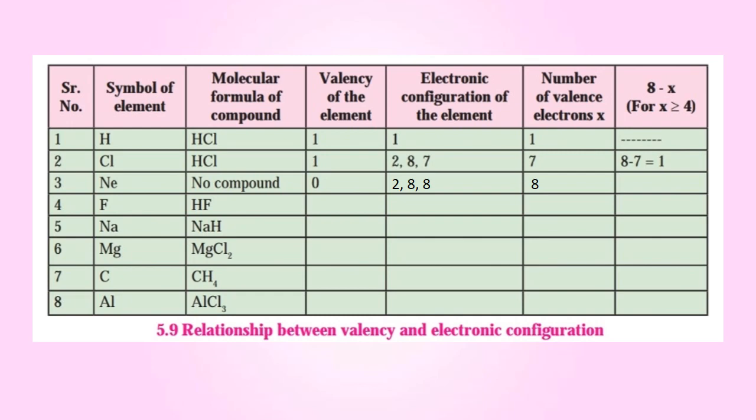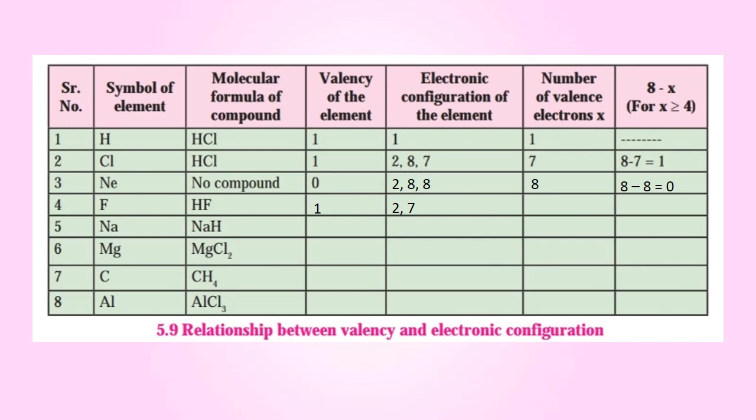And in the last column, what we have to do? When the number of valence electrons are more than 4, we have to subtract it from the number given above, that is 8 minus x. We have 8 minus 8, that is 0. We'll do one more. F, symbol of element F, valency 1, electronic configuration 2, 7.